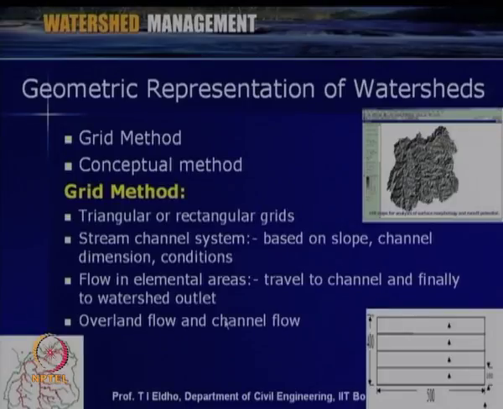These overland flow strips will be connected to the channel flow, so that when the rainfall runoff process is taking place, we can route the flow from one overland strip to another strip, then it joins a stream, and through the stream we can finally route the flow to the outlet of the watershed.